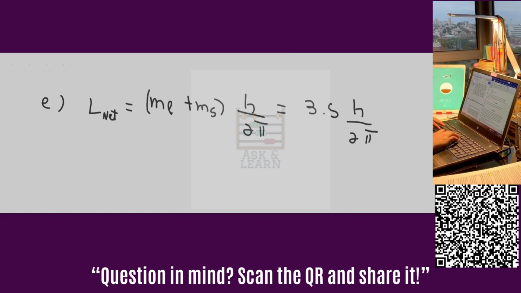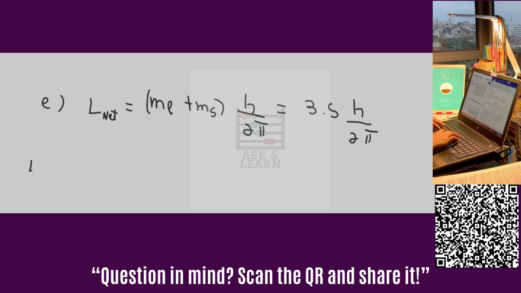Now for part F, we want to know how many values are allowed for the z component of the net angular momentum. Notice that the maximum value of the net angular momentum is given by this value of 3.5, and the counting will be almost identical to what we had before, plus 1, that being the spin being plus 1/2 or minus 1/2.